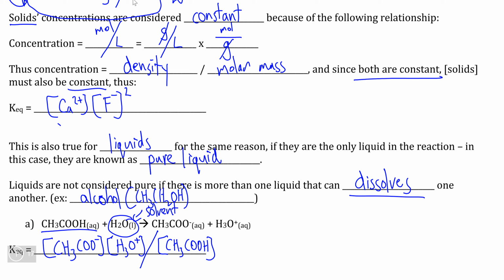So in this case, liquids are not considered pure when there are multiple liquids that can dissolve one another, in which case the liquid that is the smaller volume becomes the solute. And that's why, even though ethanoic acid is a liquid at room temperature, we would write it as aqueous, because it's considered a solute dissolved within water like this.